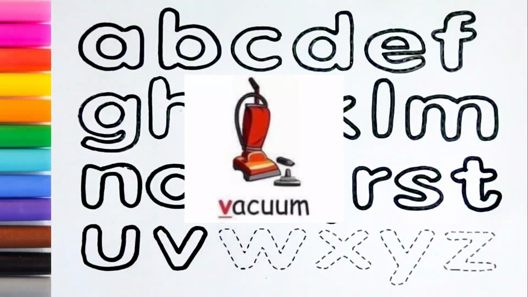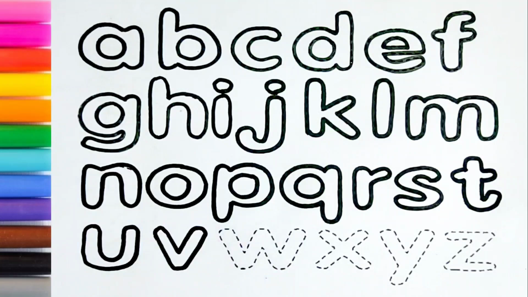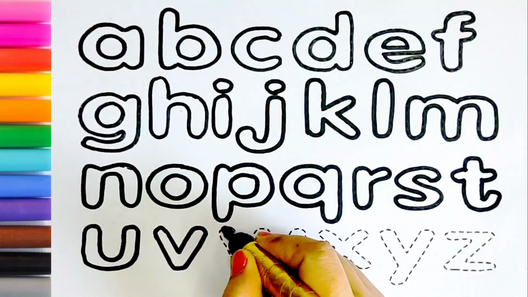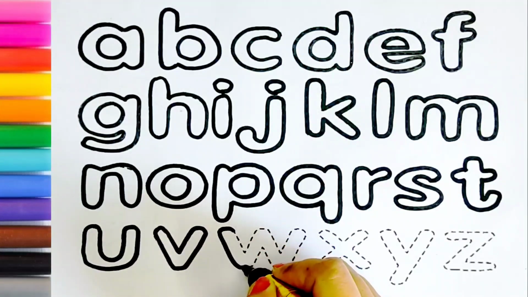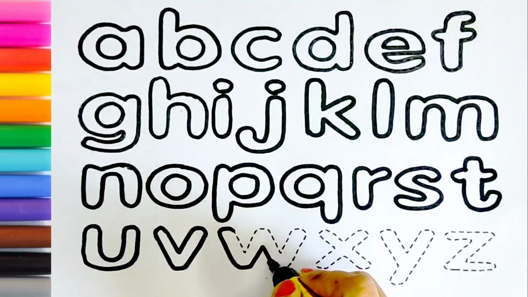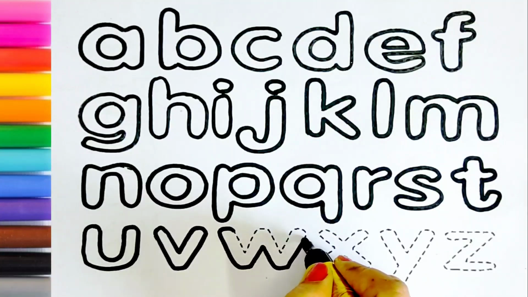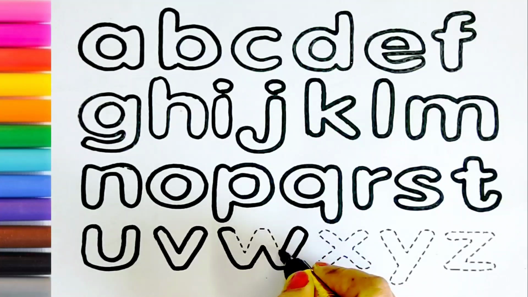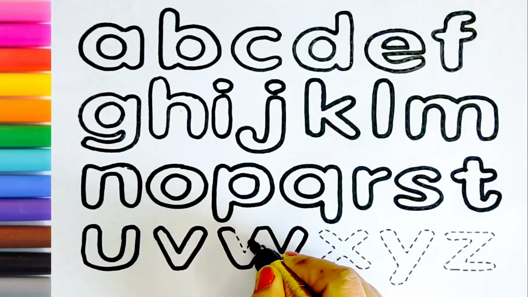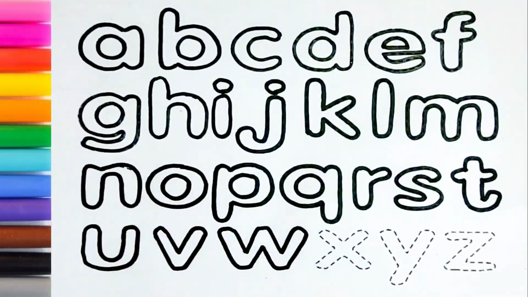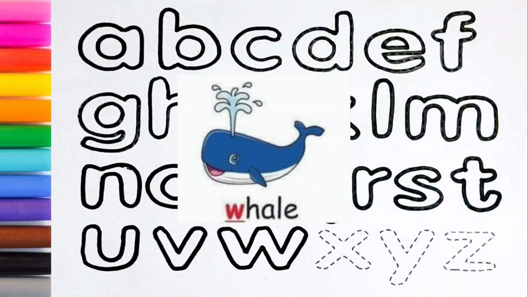V for vacuum. W for watermelon. W for whale.